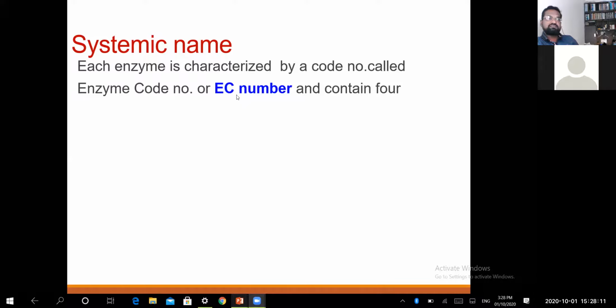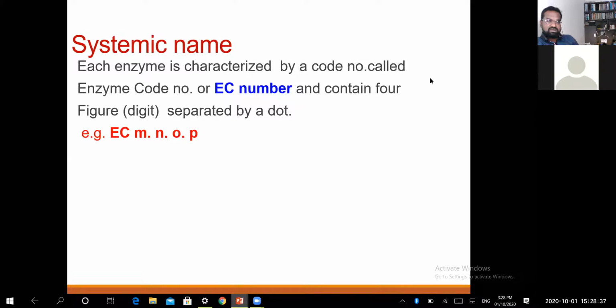This system is referred to as the Enzyme Commission number, which contains 4 different digits. Every digit denotes a particular peculiarity or characteristic of the enzyme molecule. All the 4 digits are separated by a dot from each other, and they denote certain things by which you can come to know what enzyme this is.